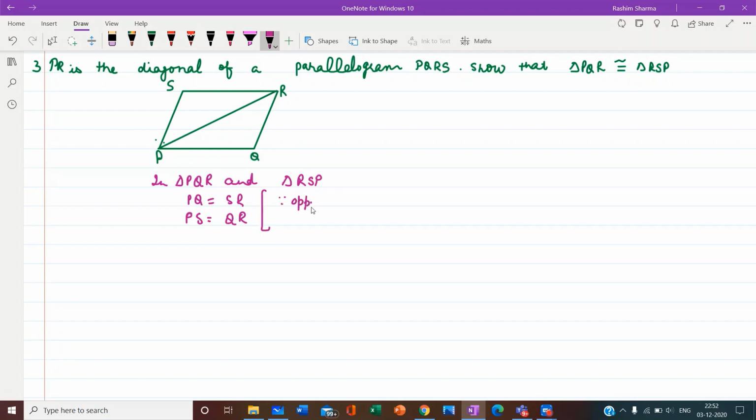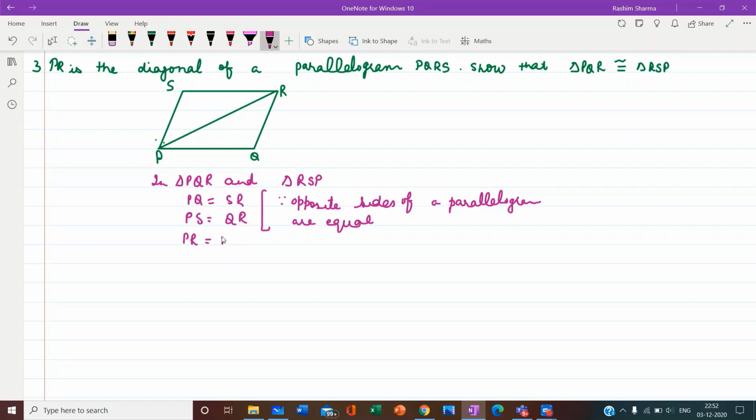Opposite sides of a parallelogram are equal. Third is our diagonal PR.